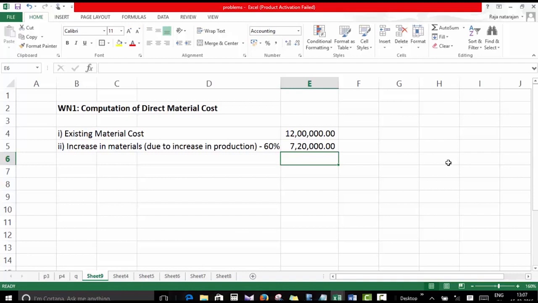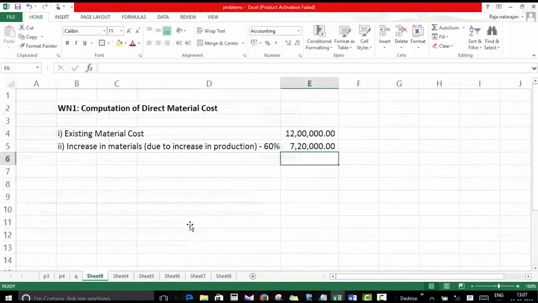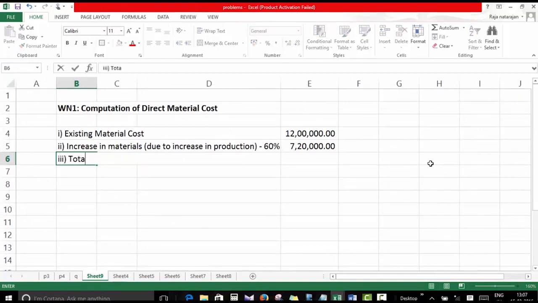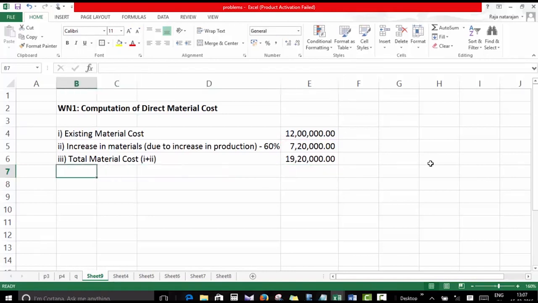Then there is a mention that the material cost will be decreased by 6%. So we'll find out what is the total material cost now in this scenario. Total material cost, that is your 1 plus 2, how much? It's going to be 19 lakh 20,000, but you will not pay this 19 lakh 20,000 because there is a reduction in material cost, less 6% reduction in material cost.